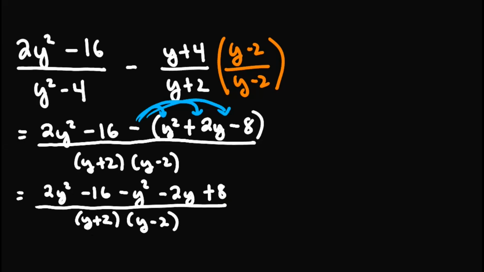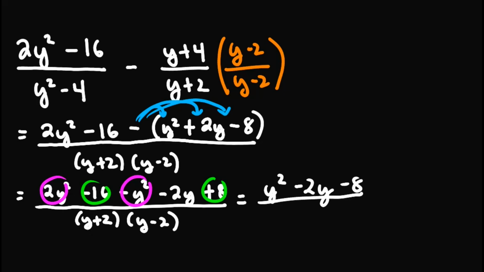Then simplifying the numerator, combining the like terms, 2y squared minus y squared is equal to y squared. Then minus 2y out here. Then the negative 16 and 8 to obtain negative 8, all over y plus 2 times y minus 2.